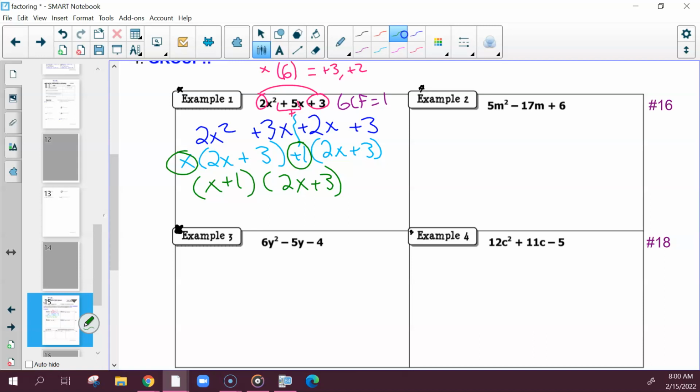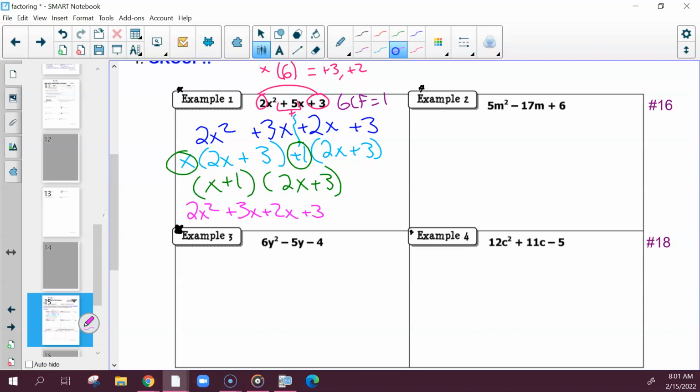Now, with these, because it's not just a one-step thing, I would definitely check each one of these. So distribute it back out, make sure this works. X times 2x would give me 2x squared. X times 3 would give me 3x. 1 times 2x would give me 2x. 1 times 3 would give me 3.